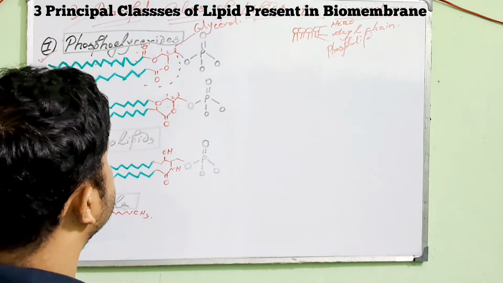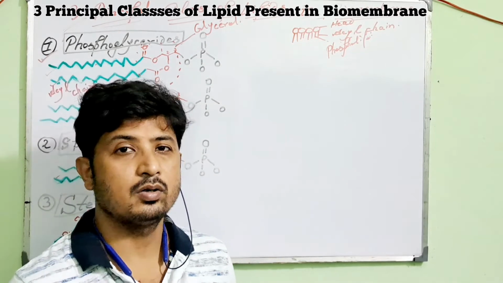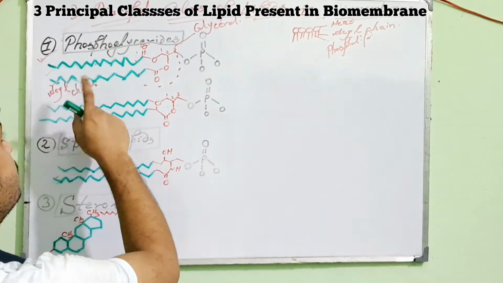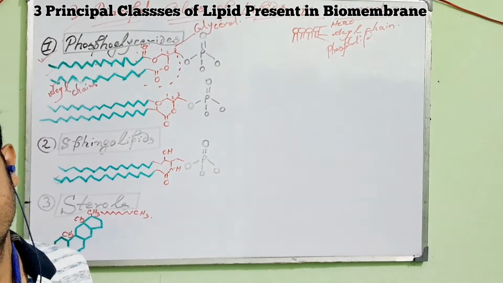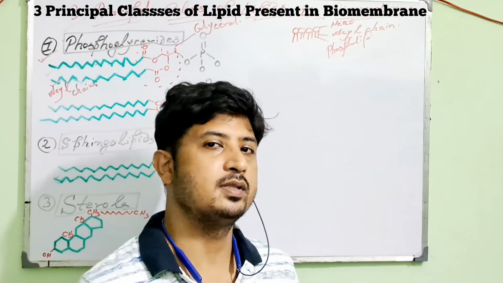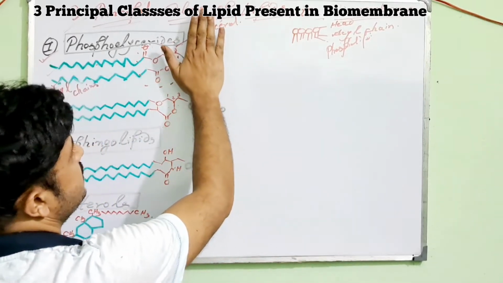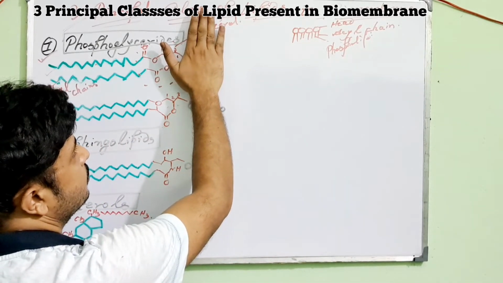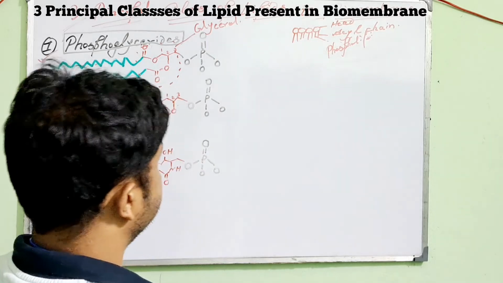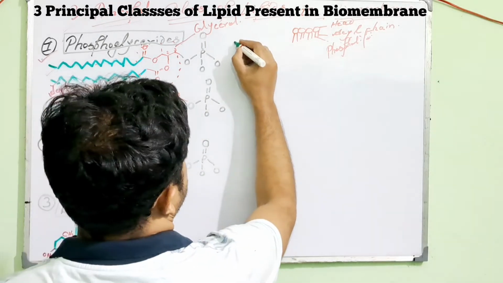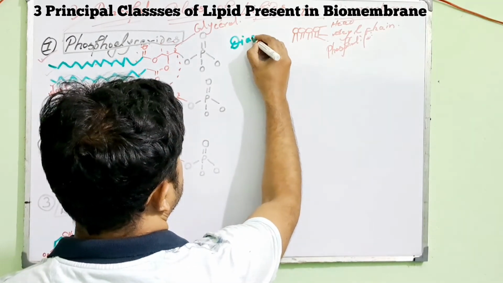So glycerol is connected with two hydrocarbon chains. If you remove this phosphate group, this is called diacylglycerols.